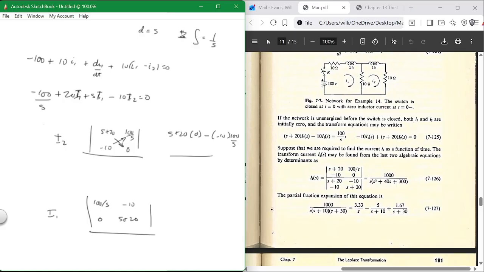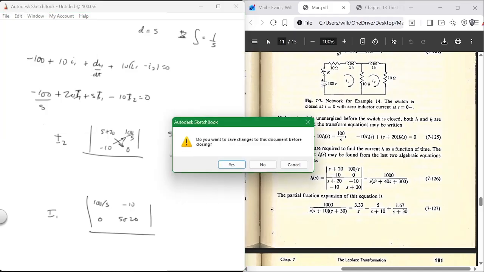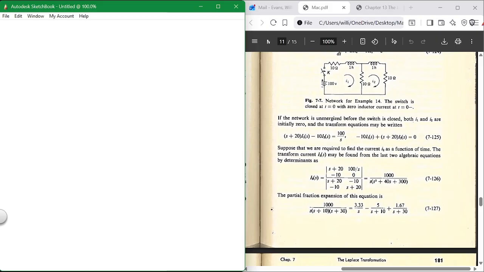Now, when you have three variables like this, it's very simple. How do you find this term, this term, and this term? Well, you write it like this. You say 1,000 over s times s plus 10 times s plus 30 is equal to a over s plus b over s plus 10 plus c over s plus 30.